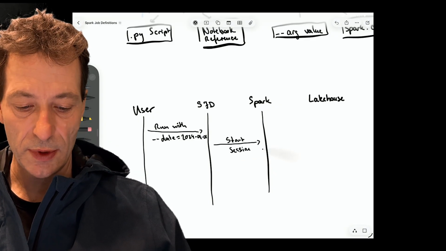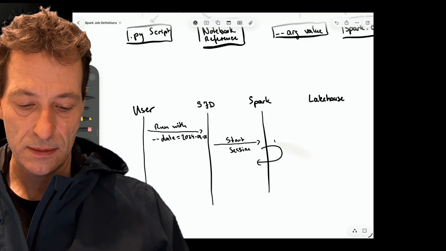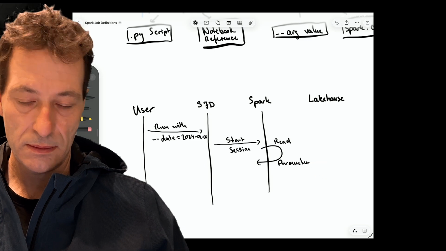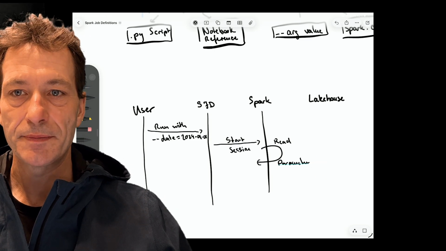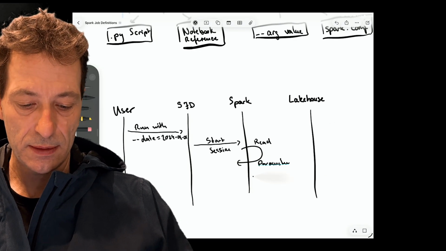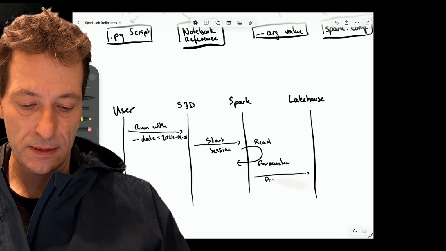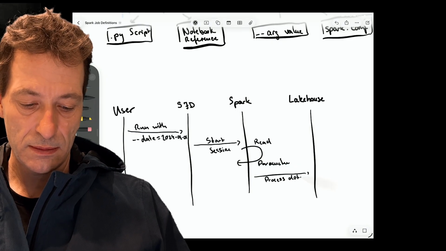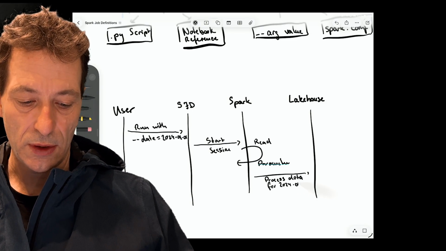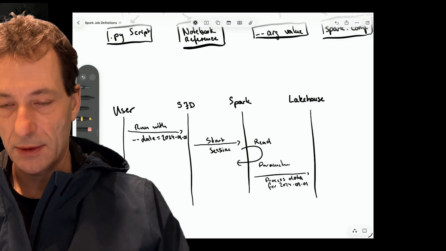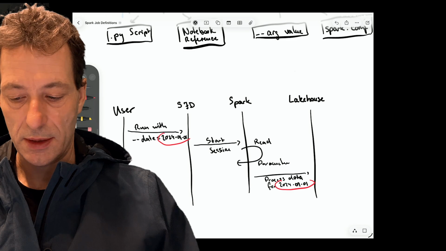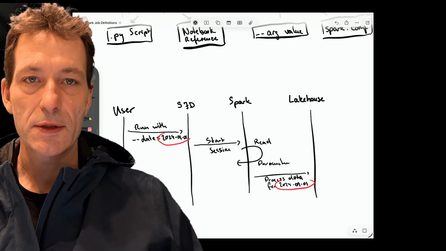Then Spark reads the parameters and processes the data to the Lakehouse, process data for 2024-01-01. So this is where our parameter shows up again on the processing, Spark against Lakehouse.